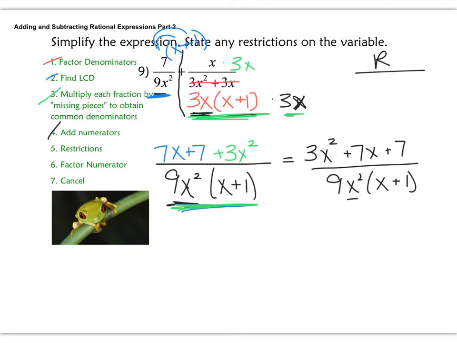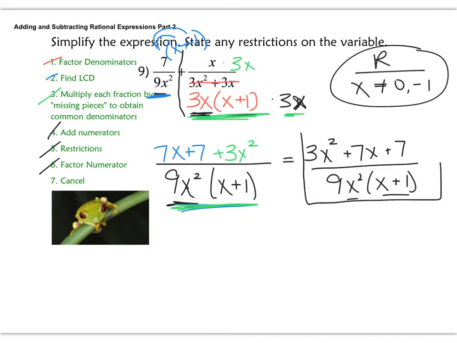So it's going to give me a 0, and that will give me negative 1. And then factor numerator. That actually does not factor. So does anything cancel? And no, everything on that top is super glued together, so there's nothing I can do with that. All right, great job.